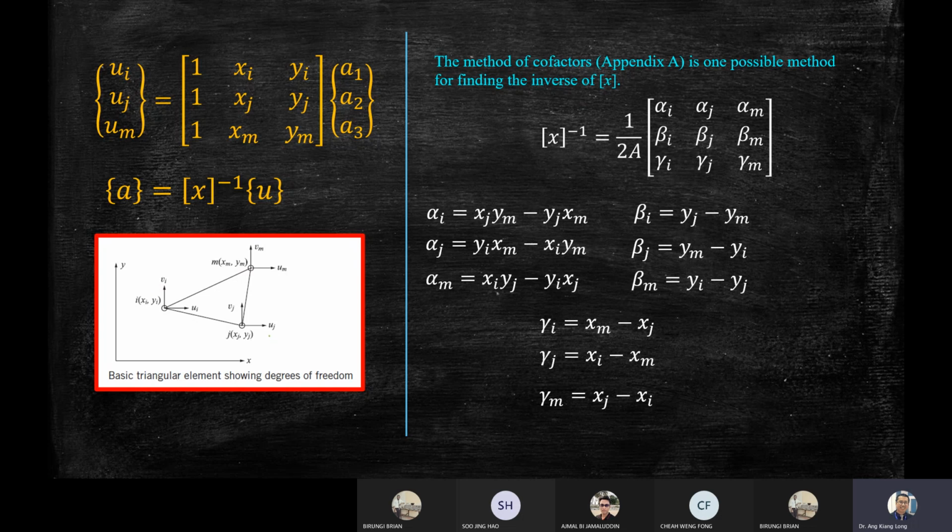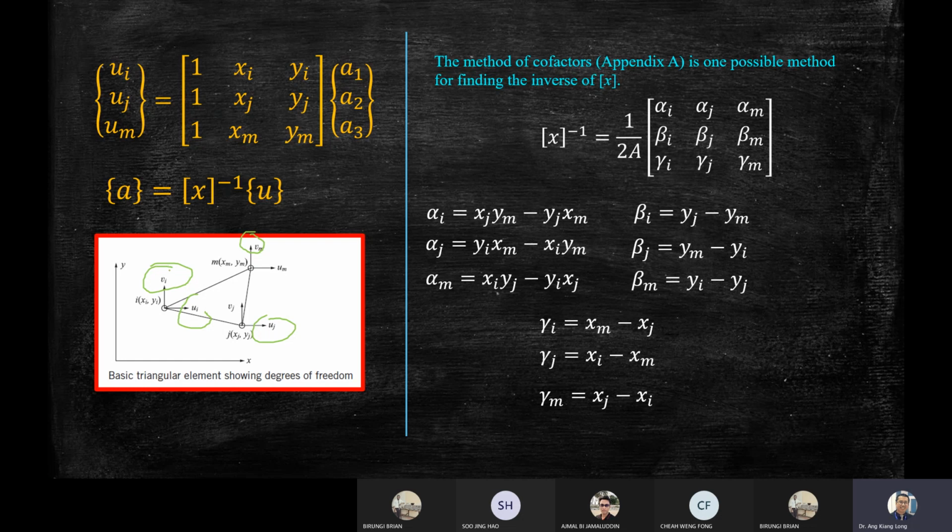The locations are given. Again, this slide is for the displacement. As you can see, you have VM, VJ. This one is displacement. Now you are having the thermal conductivity, so it becomes a temperature. So you have the UI, VI, and so on. This is for the previous chapter.